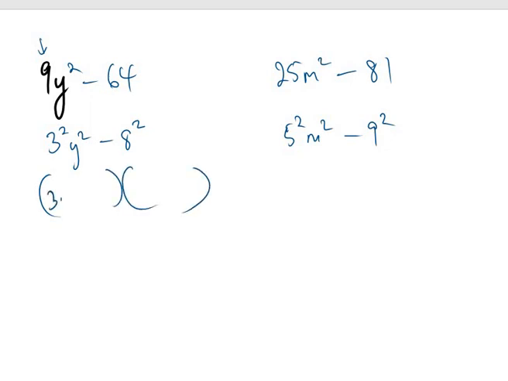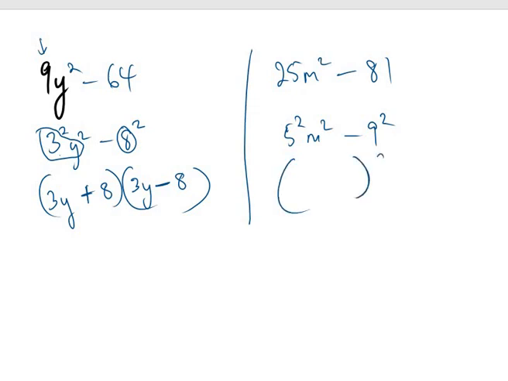In the first we have 3y, and then it would be plus 8. And in the other one, you're going to have 3y minus 8. So basically, we're going to ignore the squares and choose these. In one bracket, I have a plus. In the other, we have a minus. Then put the 3y and the 8 in both.